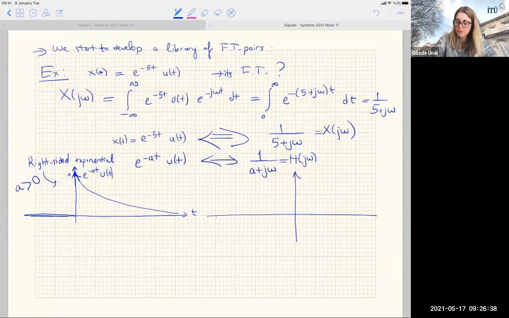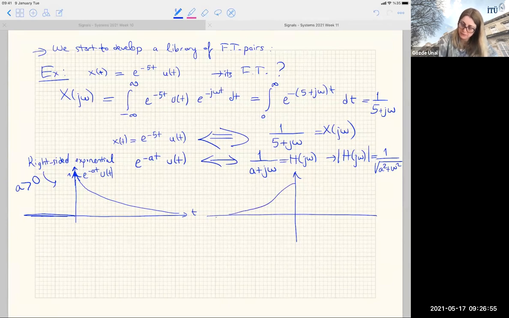From here, let's look at the magnitude response, 1 over, this is it, right? Guys, this will have something like this. I'm just making this up, but again, these are all in the book. This is the magnitude response.